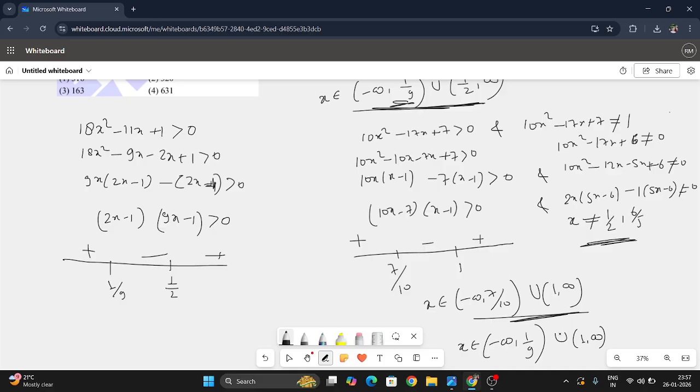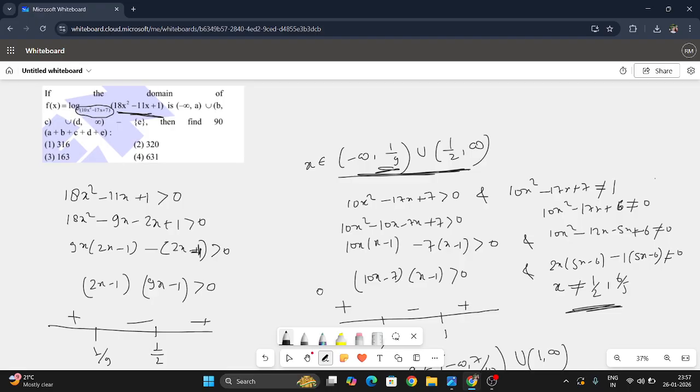And one thing you have to keep in mind, x cannot be 1 by 2 and cannot be 6 by 5. So 1 by 2 is already out, and this 6 by 5, 1 point something, cannot be, so minus 6 by 5.